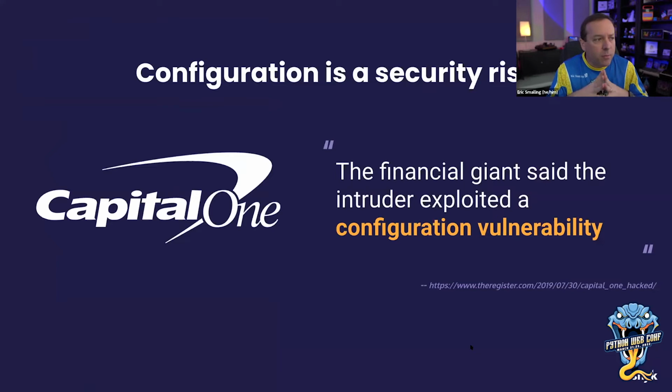I throw this example up, not because I'm trying to single out Capital One. I actually have friends that work at Capital One, and they are an excellent shop, very good open source supporters. But I bring them up because they had a security breach that was well known, and I think it's a good example of the things that we need to think about here.